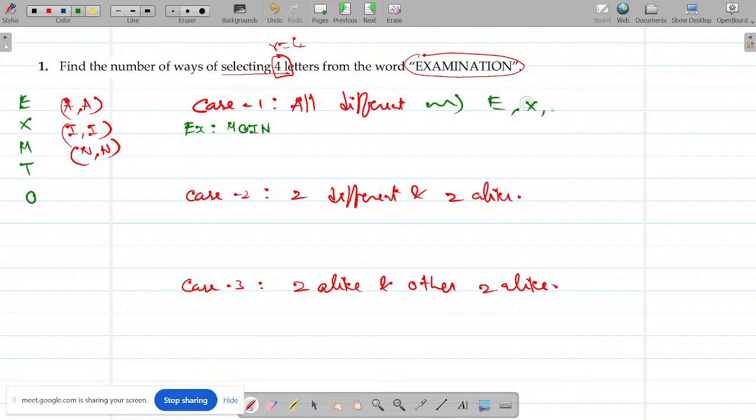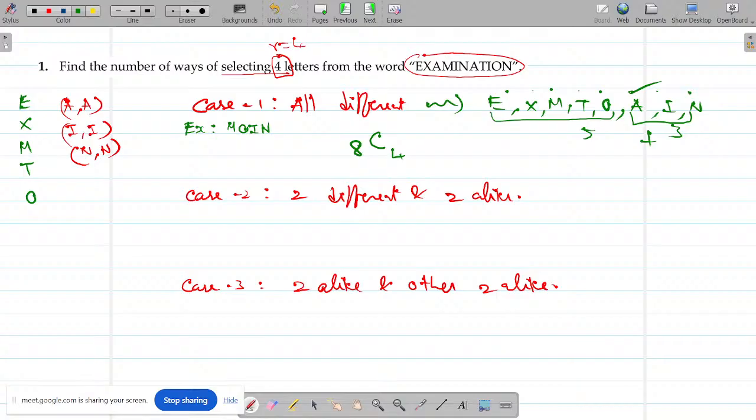E, X, M, T, O, along with single A, single I and single N. So how many do I have? 1, 2, 3, 4, 5, 6, 7, 8. This is 5 and this is 3. So from these 8, I am choosing 4, because any one is taken only once. Even if I choose A, it's taken only once. So this is 8C4.